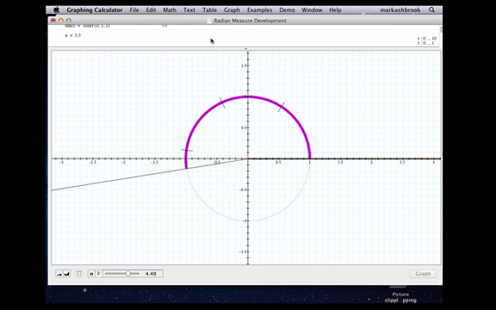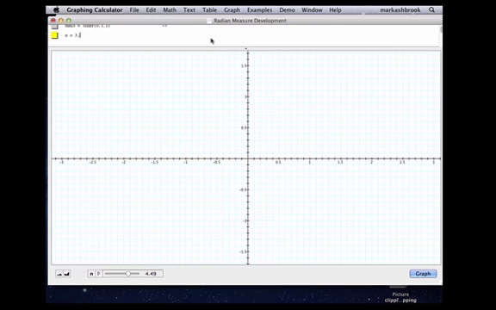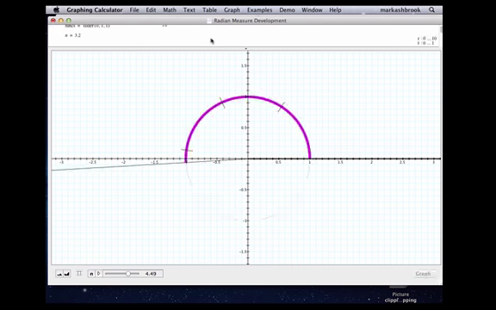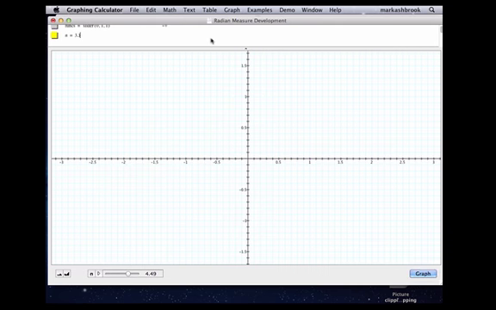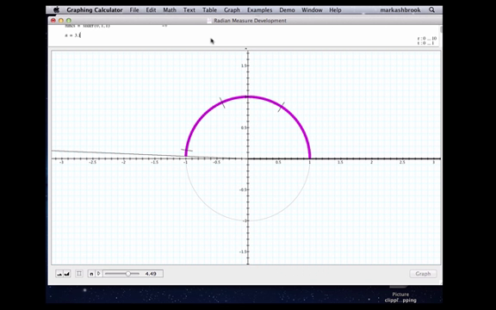3.3, I heard. Too big or too small? All right, what do you want to try now? 3.2. Too big or too small? 3.1. Too small. So 3.1 is too small, 3.2 is too big. So how about halfway between?